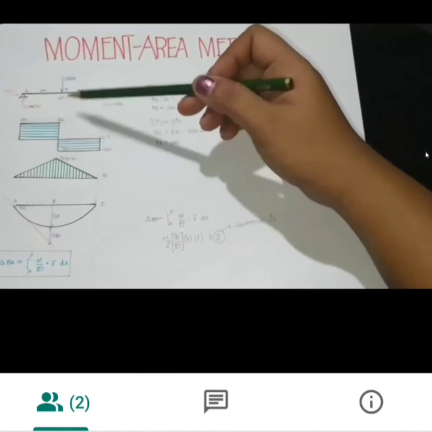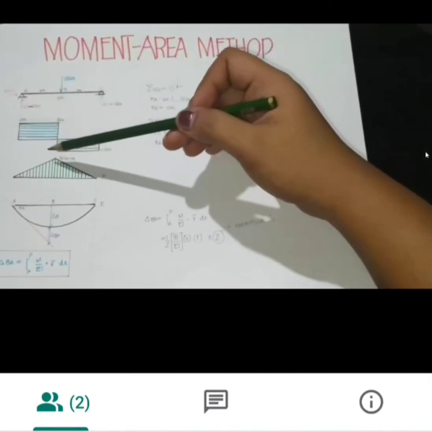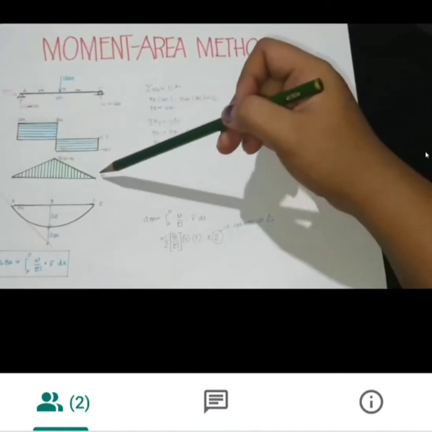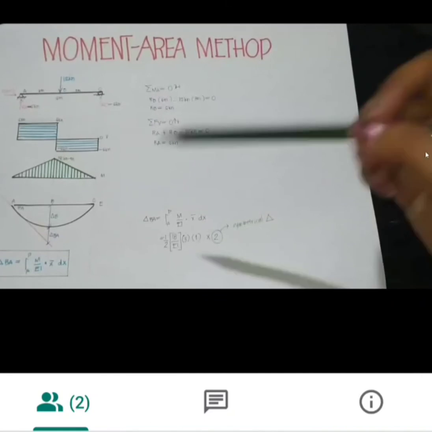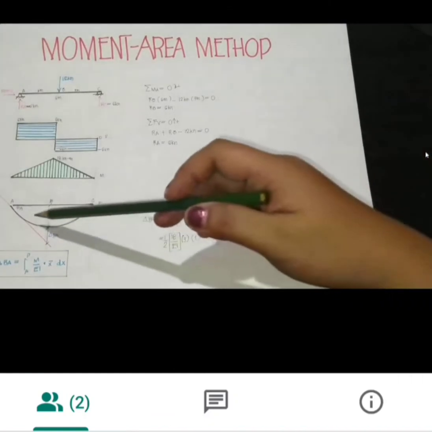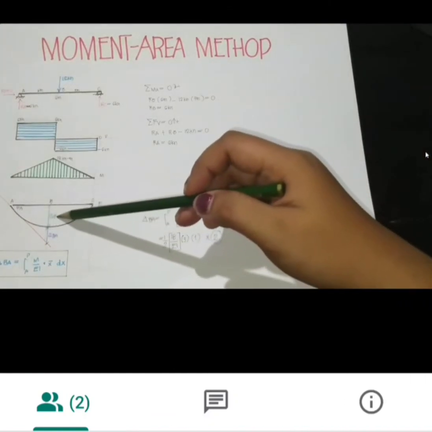Then negative 6 times 3 is negative 18. So positive 18 minus 18 is equal to 0. Then yung elastic curve. As you can see, the elastic curve is downward. So this beam is deflecting downward, and this elastic curve represents the shape, and the distance from the beam to the elastic curve is the deflection at that point. So let's say it's delta B.